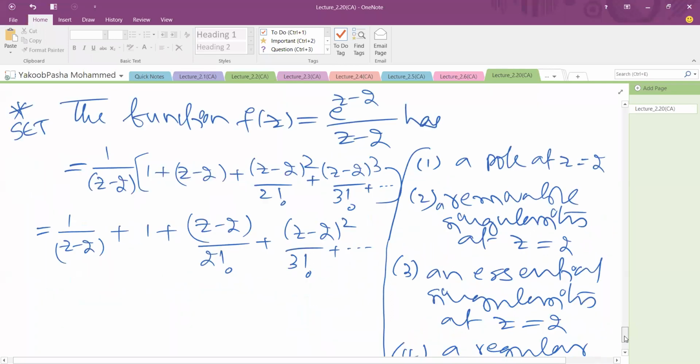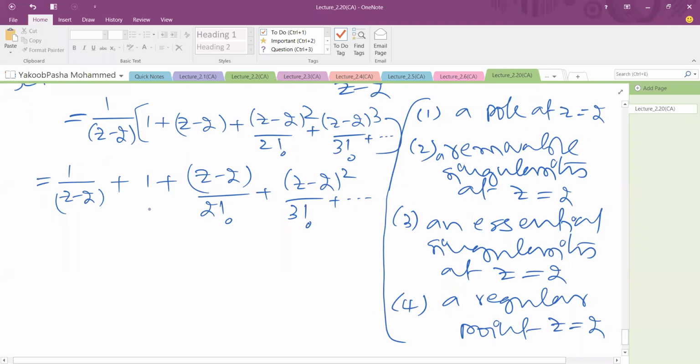Okay. So clearly we can observe from here to here, this is the completely analytic part. When z is equal to 2, the function is analytic.